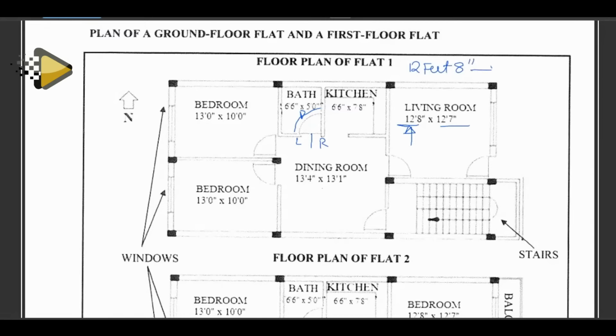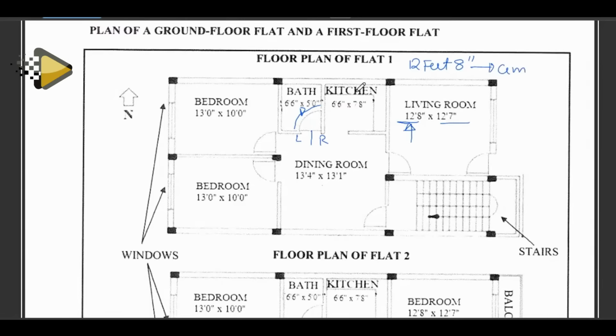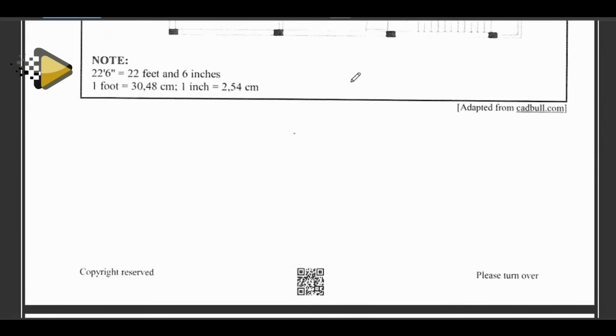We have to change everything to centimeters. So first and foremost, we are going to change this part here. We have 12 feet. We have to change them to centimeters. Also, the 8 inches have to change to centimeters.